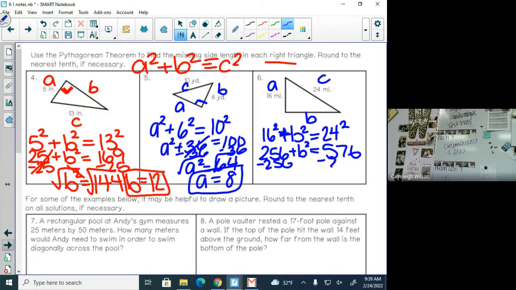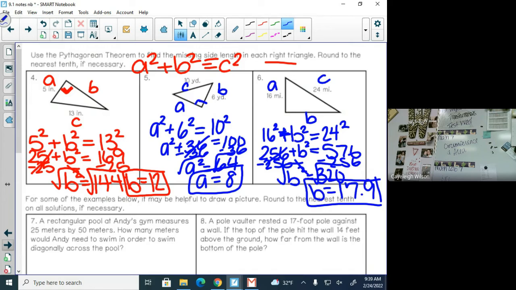Subtracted 256. So that's B squared equals 320, is that right? Yep. And then square root that, and we get 17.9. Are there any questions about finding the hypotenuse?